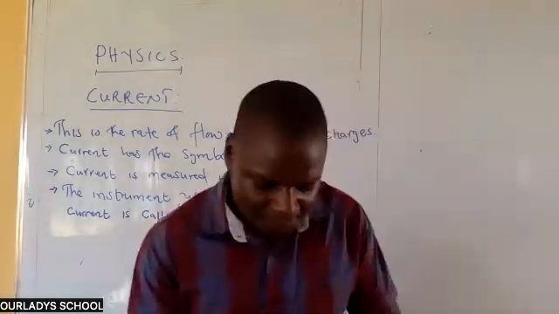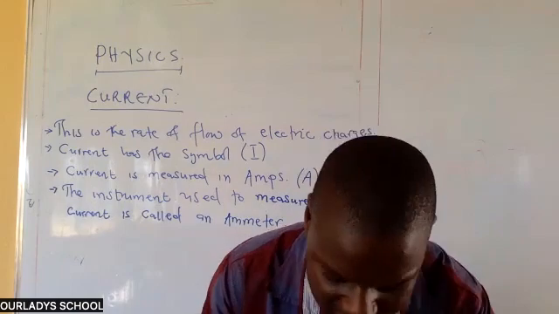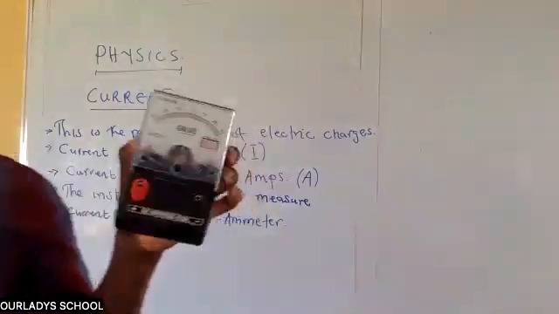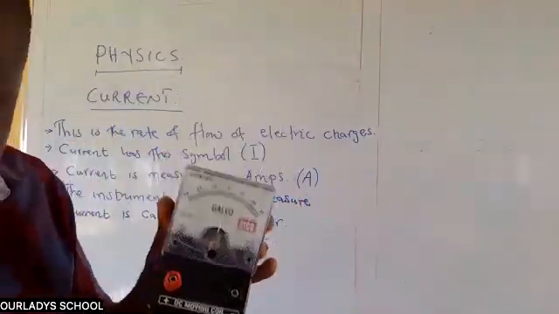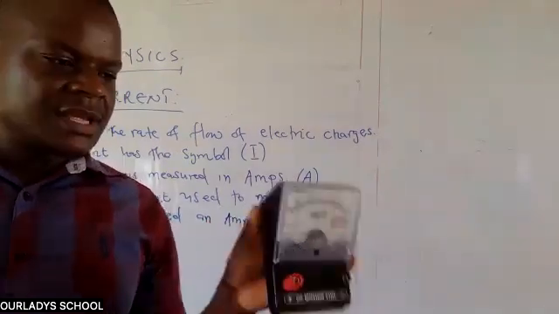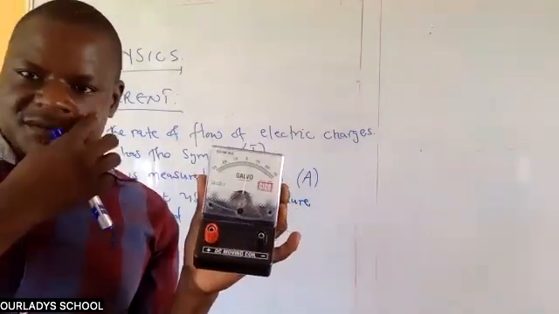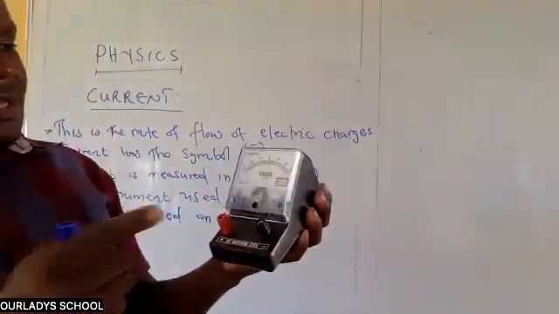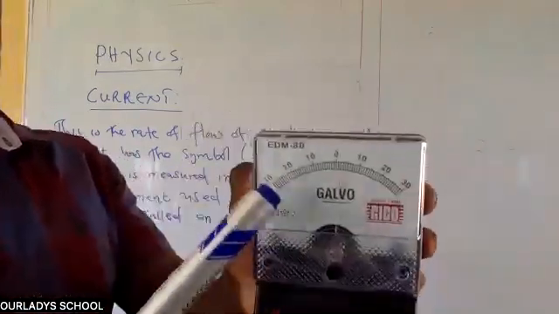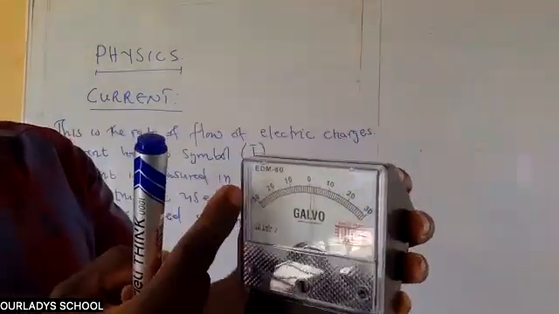Sorry guys, I went to get an instrument that's used for measuring current, and fortunately, I couldn't find it. I only found the galvanometer. The ammeter looks exactly like this. The only difference is that the numbers are not aligned like this. The pointer is on the 0.